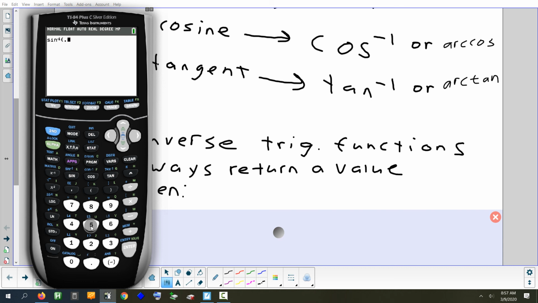Inverse sine of 0.5. I get 30. Inverse sine of 0.8. I get 53. Let's go inverse sine of 0.9. I get 64. Inverse sine of 0.999.